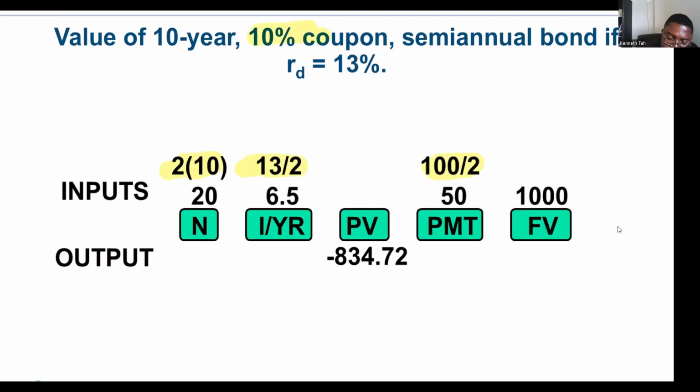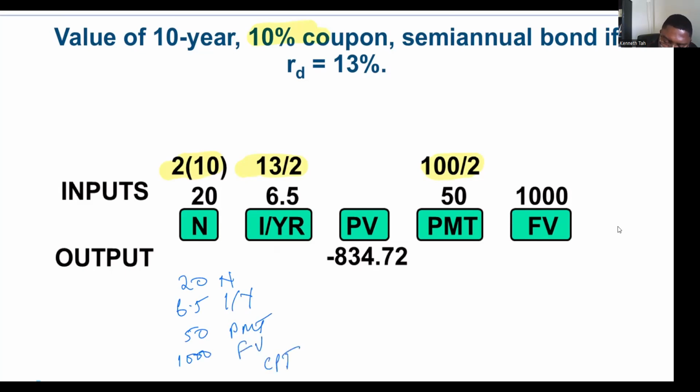So if we are doing this using our financial calculator, we are going to take 20 as N. We are going to take 6.5 as I/Y. We are going to take 50 as payment. Then we are going to take in 1,000 as future value.